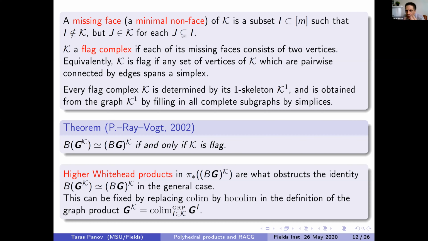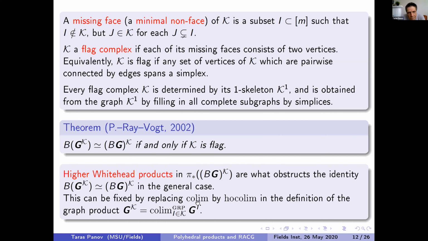But in spaces, this is not quite the case. You can have all the versions of higher commutativity. And therefore, in the homotopy groups of these polyhedral products, when K is not a flag complex, that's basically an if and only if condition, you have a higher Whitehead product. For every missing face, you have a higher Whitehead product in this space. And this is what obstructs this identity from being true in general.